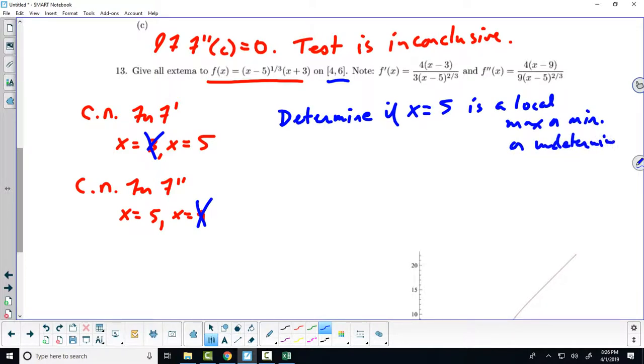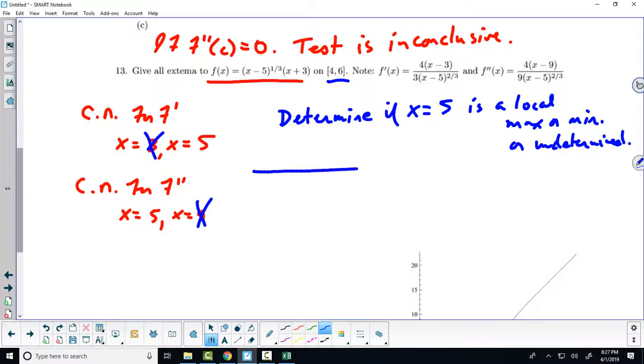Okay, so this is a little bit strange to be doing as our first example, but I think you guys can follow. I would like to do the second derivative test on this. Why? Because I've already got the second derivative. But if I plug 5 into the second derivative, I get that it's undefined there too. So the test is inconclusive. So what test will I have to do on this one? Let's just do the first derivative test.